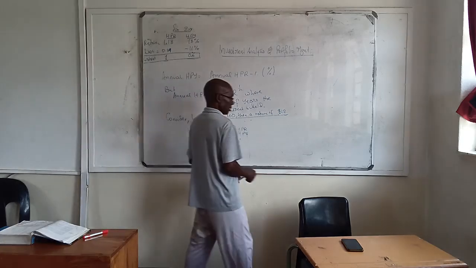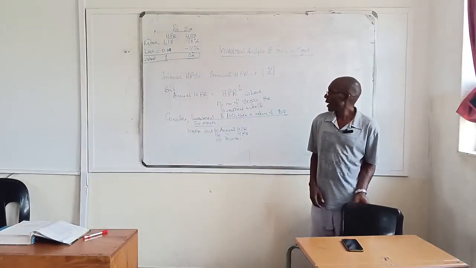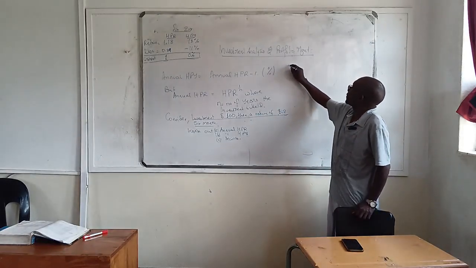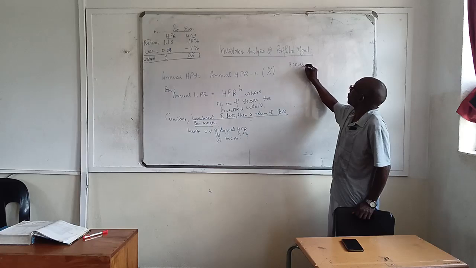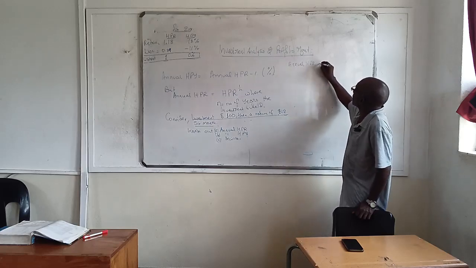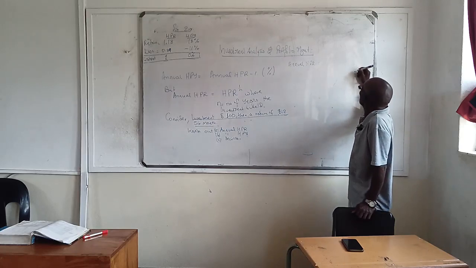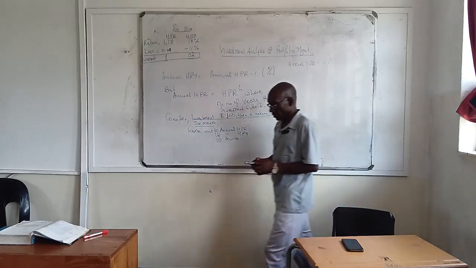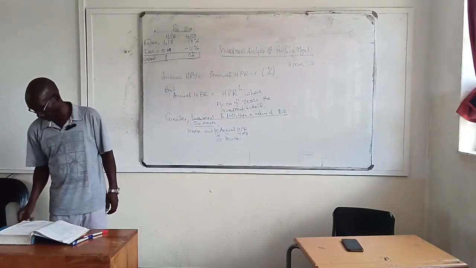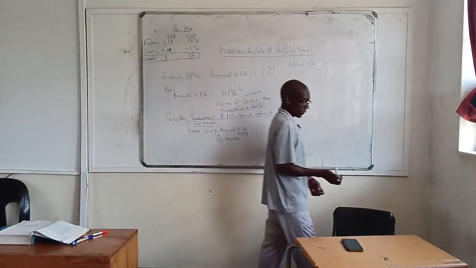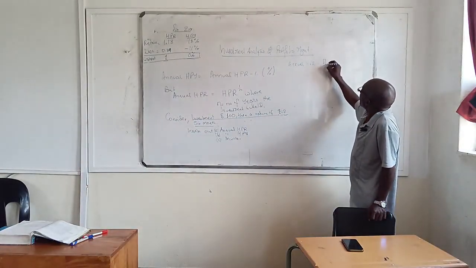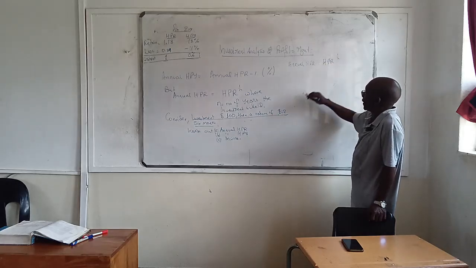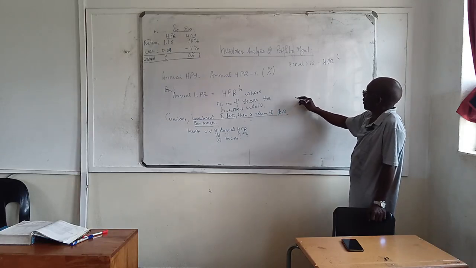Now, how do we work out annual HPR? Annual HPR is equal to HPR to the power 1 over A. So you need to find first, what is your HPR?